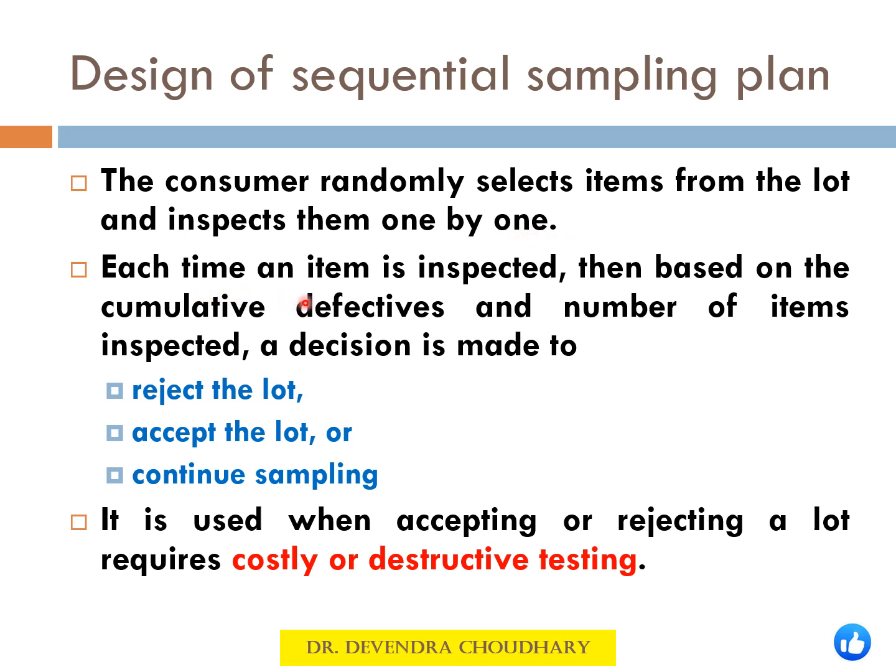Each time a sample of one item is taken and inspected, then based on cumulative defectives and the number of items inspected, a decision is made to accept the lot, reject the lot or continue sampling, as we discussed for double sampling plan in the previous session.